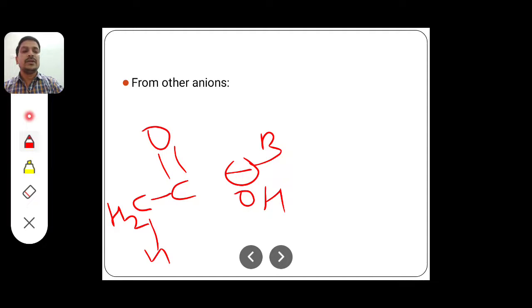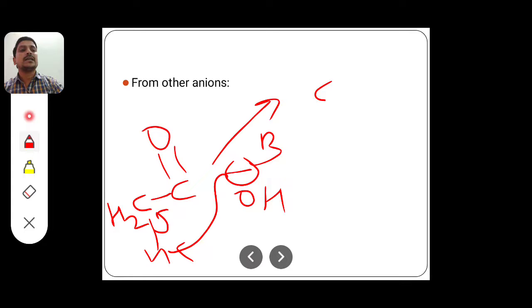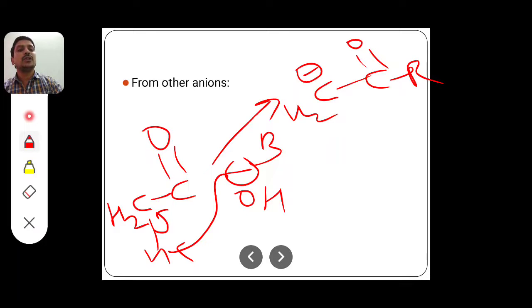From other anion, OH minus, you can generate here a carbanion like this. It will pick up a proton from this carbon which carries acidic hydrogen, and it will generate a carbanion like this, which can be stabilized by going through enol form. This C minus can be stabilized through resonance with the carbonyl group. So from other anions you can generate the carbanion.